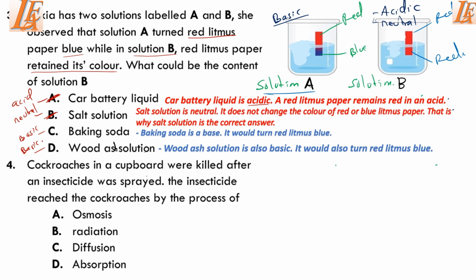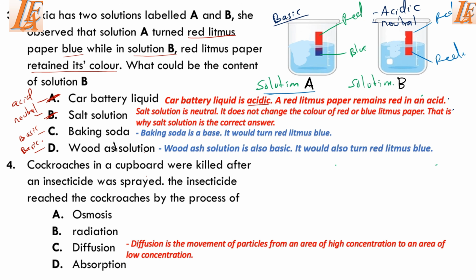So in this case, the correct answer is a process where particles move from where they are highly concentrated, where they are sprayed, to where they were lowly concentrated. And the correct answer is C, which is diffusion, which is the movement of particles from a region of high concentration to a region of low concentration.